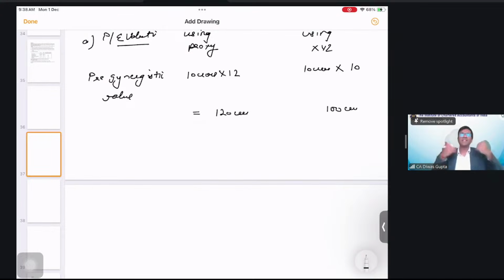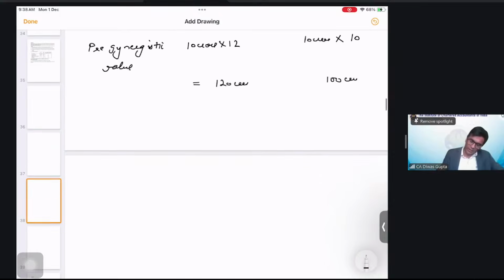Because they will say that the business is coming to us, so our PE ratio should be applied. While the KLM company will say that, see, my proxy company is having a 12 times PE ratio, I should apply 12, right?